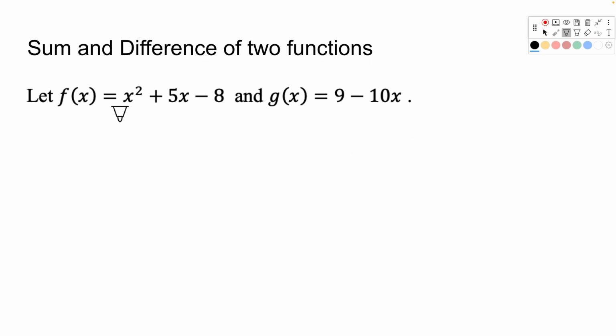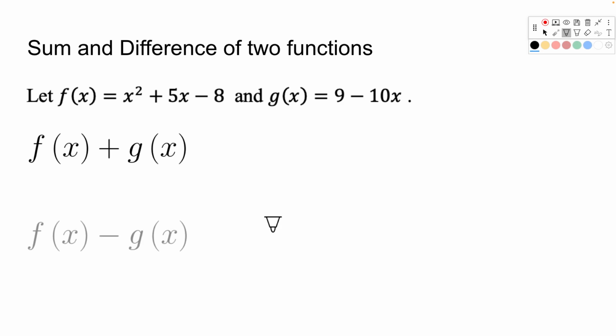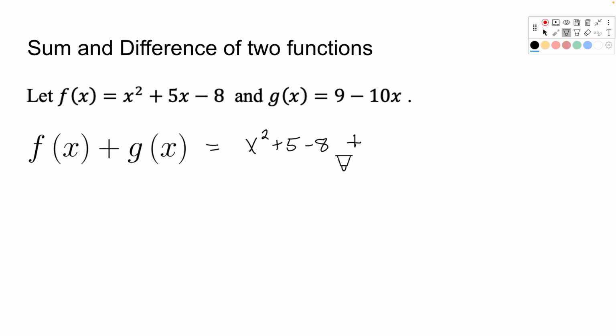And so we're going to take f and add it to g. So we take the f function, we write it: x squared plus 5x minus 8. We're going to add, and I'll put a parenthesis around it just to say that that's kind of like one package.